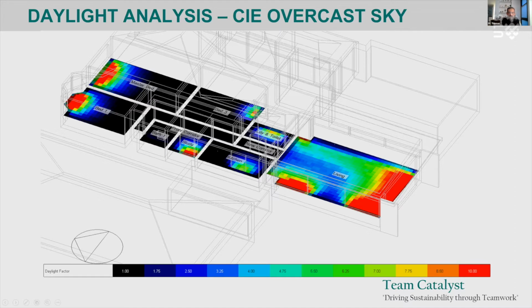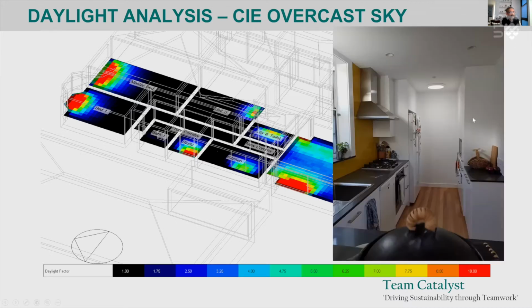So obviously that much was enough for me to take a decision. I mean, we could have done much more analysis, but at that point we said, right, what we need is a solar tube or a skylight, which brings in daylight in the kitchen. And that's what it looks like after it was built.